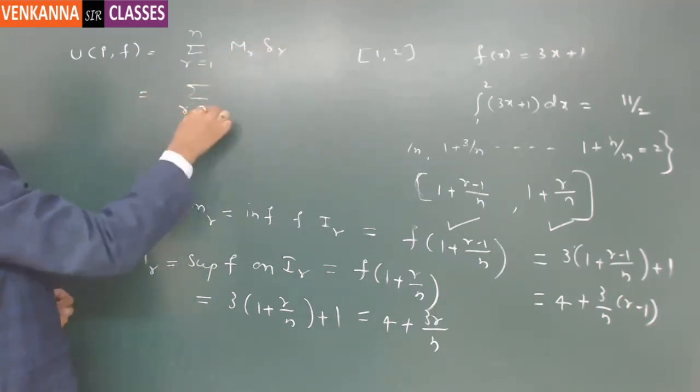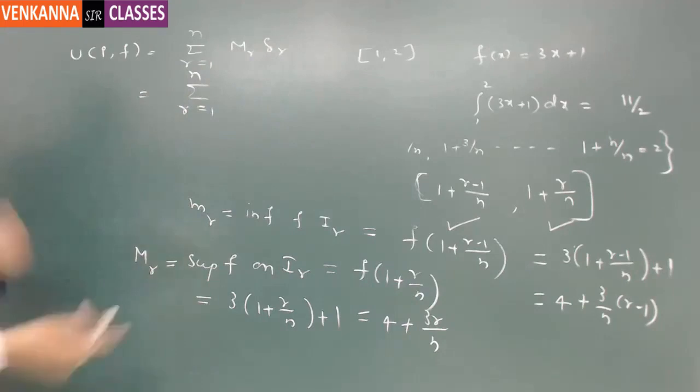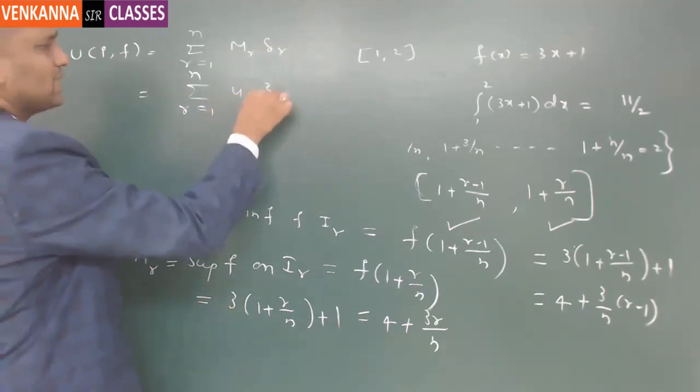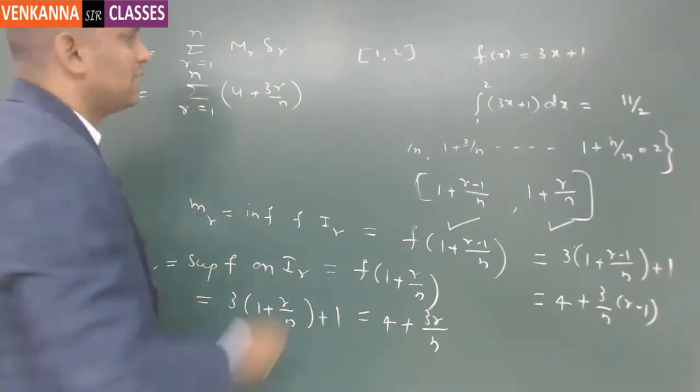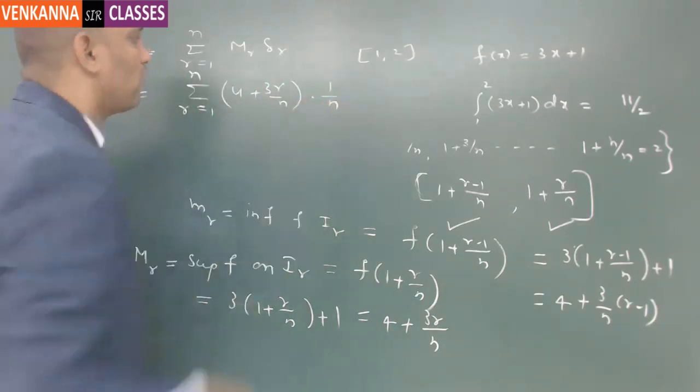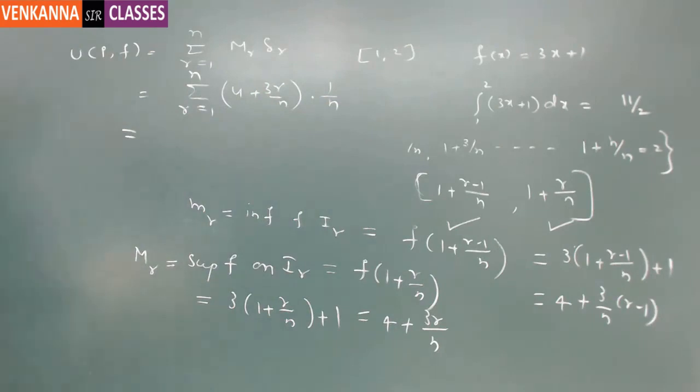This equals summation r equals 1 to n of M_r, which is 4 plus 3r by n, times delta r, which is nothing but 1 by n.